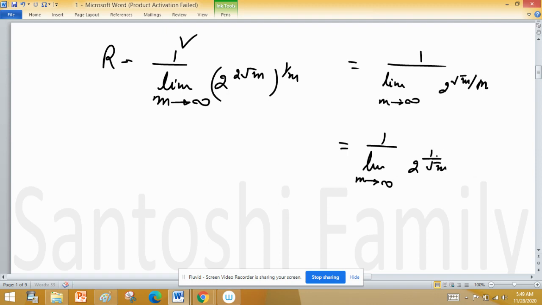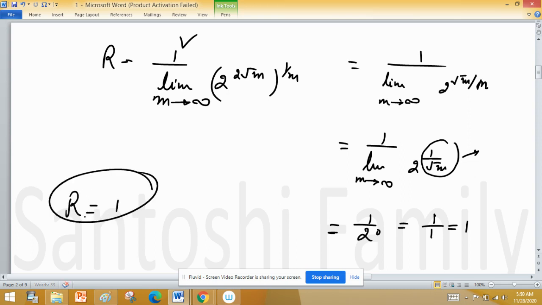When m tends to infinity this term goes to 0, and 2 raised to the power 0 is 1, so 1 upon 1, hence 1. So the radius of convergence r is 1.